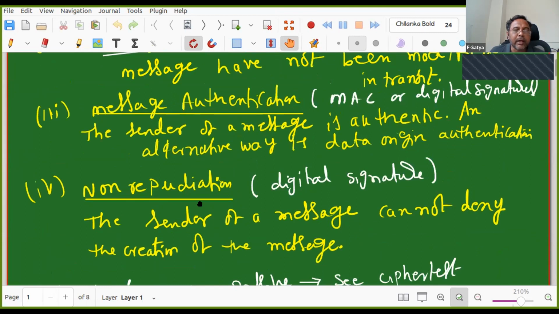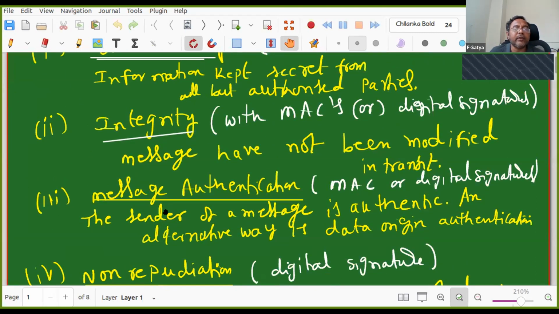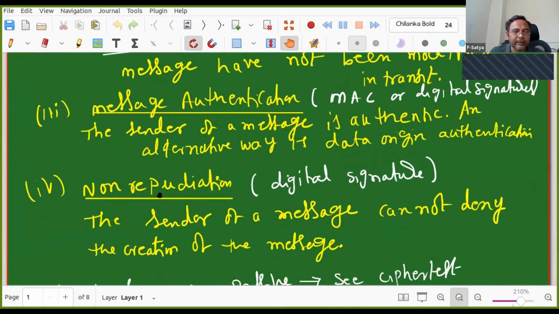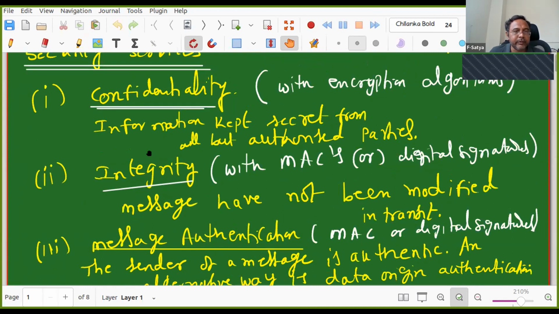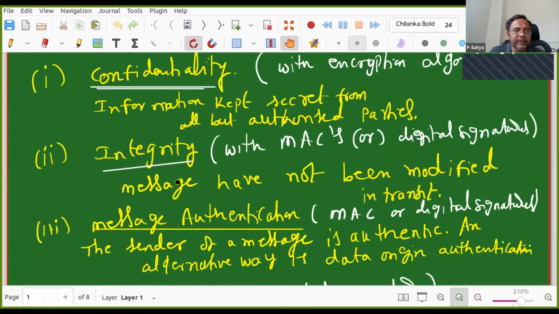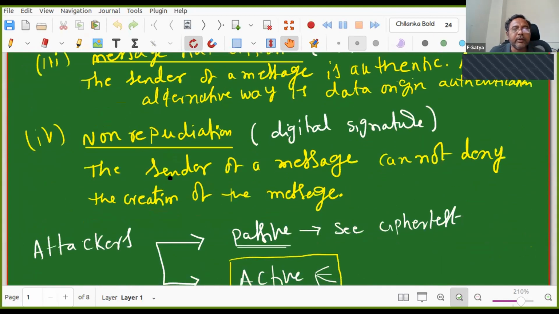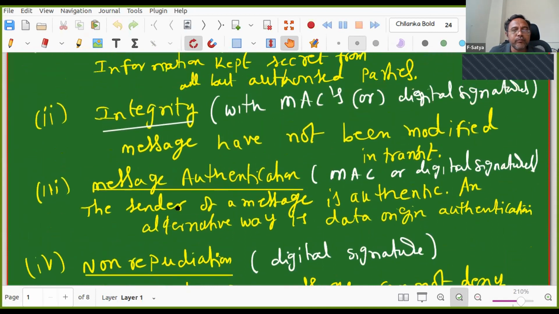This is a much more complicated thing. The sender cannot deny, then actual authentication is also taken care of, and integrity is also taken care of. So these are the 4 items, and they are very relevant in the present day, right? You are all clear with these 4. Any questions to ask me?